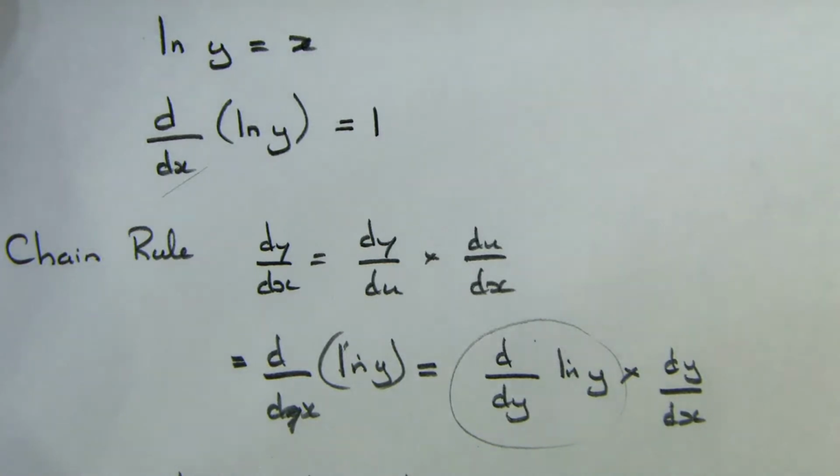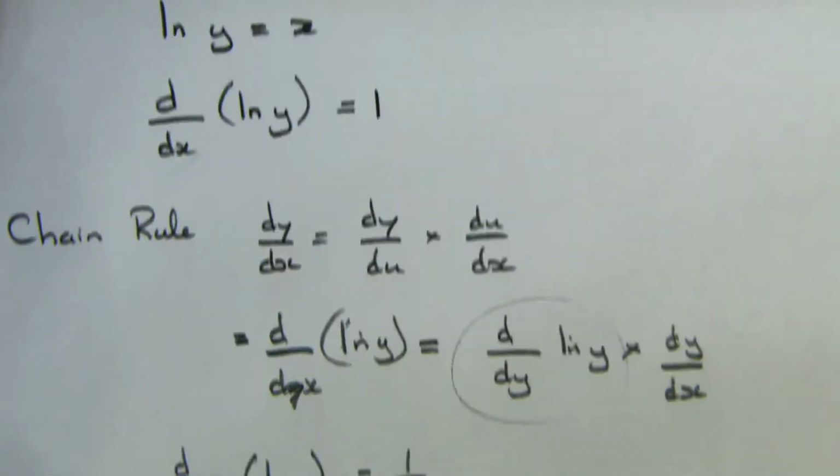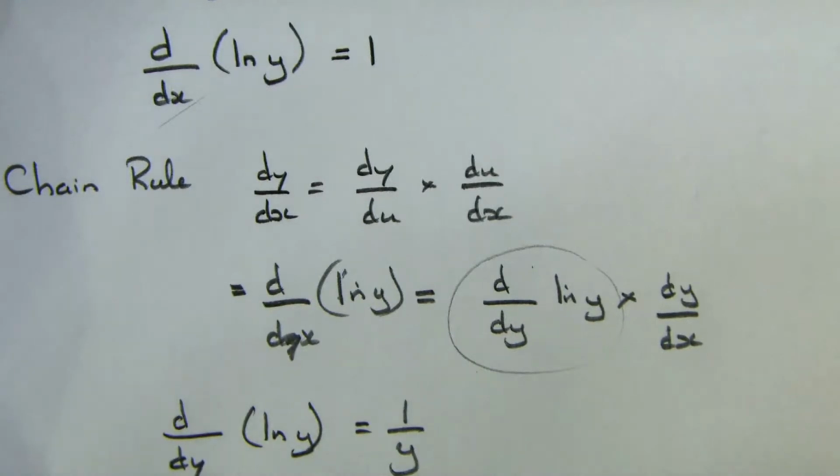Let's rearrange this, so I know that 1 over y times dy by dx is going to equal 1. If I rearrange this, then I can see that dy by dx is going to equal y.